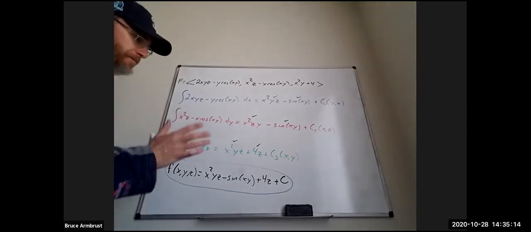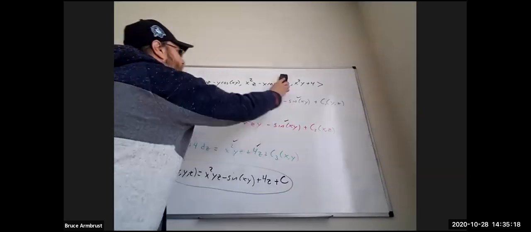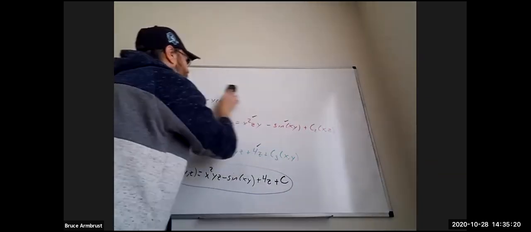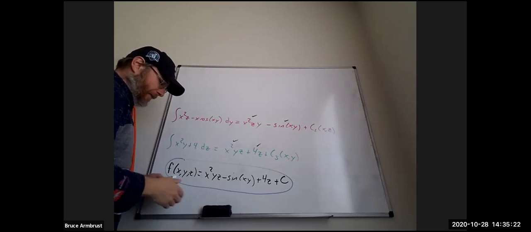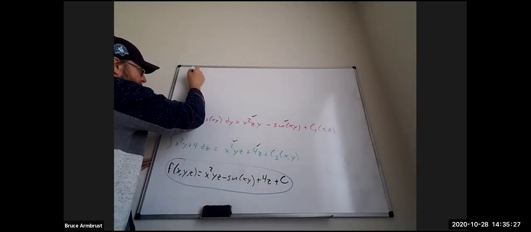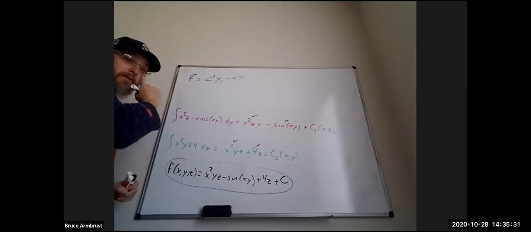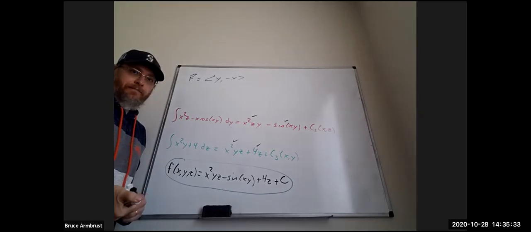Okay, but let's just backtrack. Remember the very first vector field I gave you? You may not, it's not that big of a deal. I can redraw it for us here. We started with this guy. It was y, negative x.